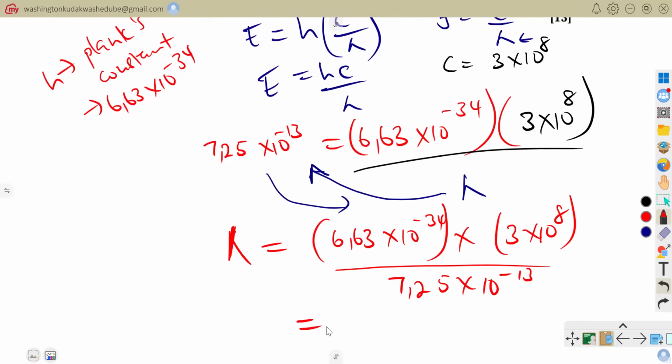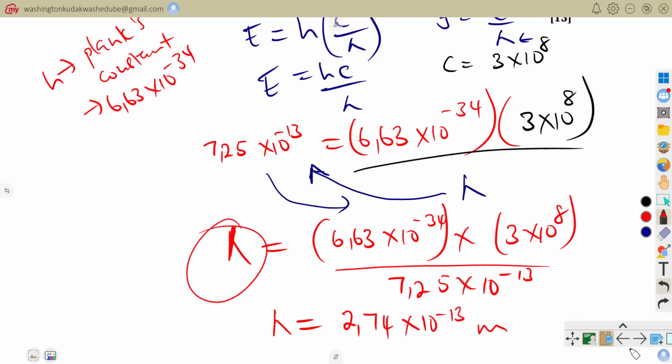That becomes my wavelength, which would be the same as 2.74 times 10 to the power negative 13 meters. So what is more important is knowing how you get here. That is from this equation. That is what is more important there.